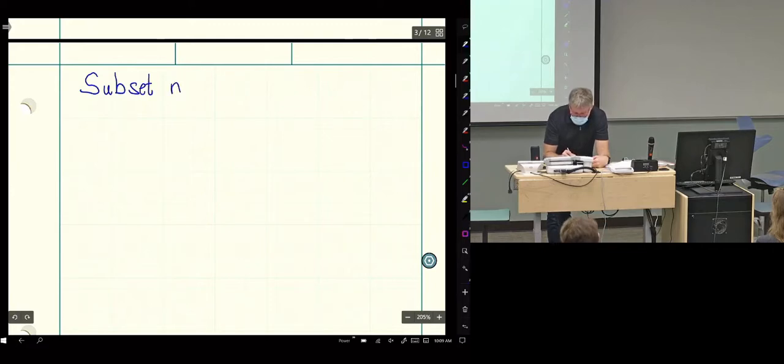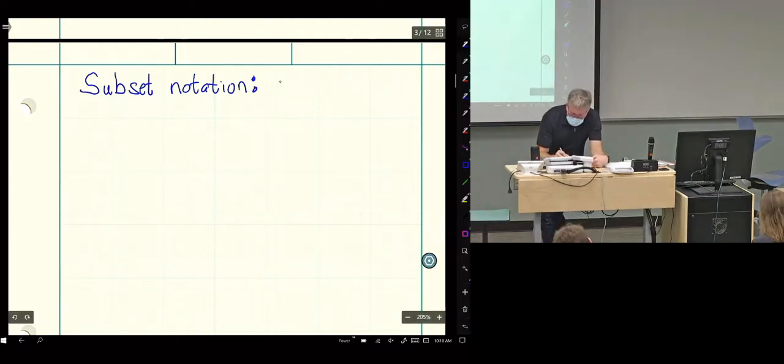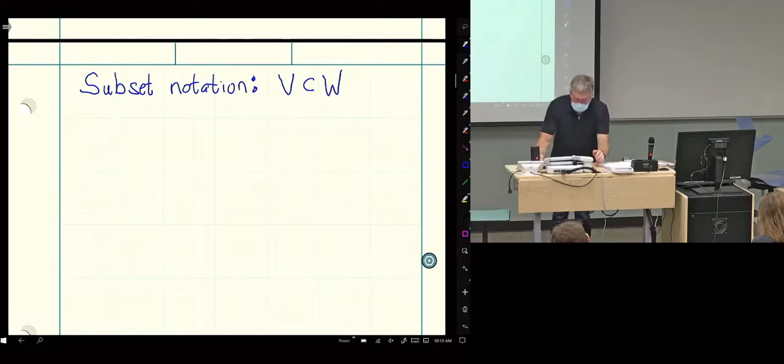Okay, so let's just recall some notation. I think it's been a really hot thing to be teaching set theory type stuff in high schools these days. So what does it mean that V is a subset of W?